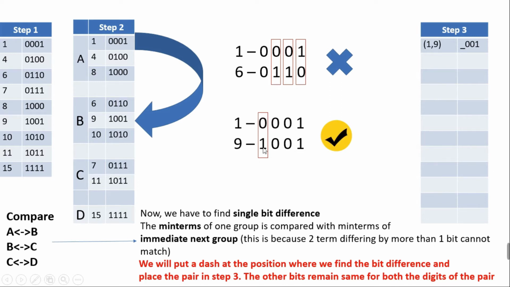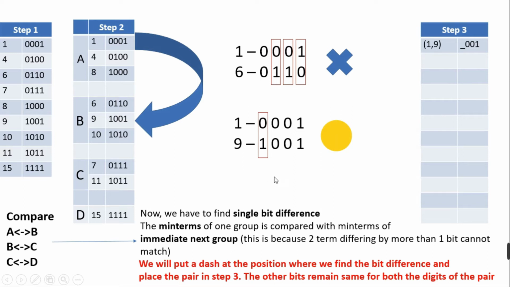Here you can see we have found the difference at the very first position of this pair. That's why at the first place there is a dash, and all other bits are the same, 0, 0 and 1. Only at the first position we got the difference, that's why there is a dash. So that's how we're going to be putting different pairs into step 3.